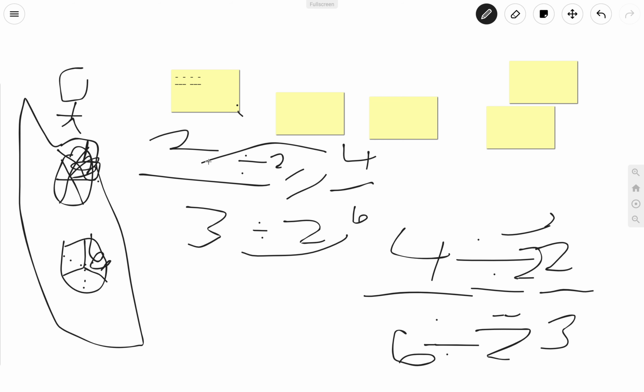And you can go the reverse way too. Times 2. And then from that to that is times 2.